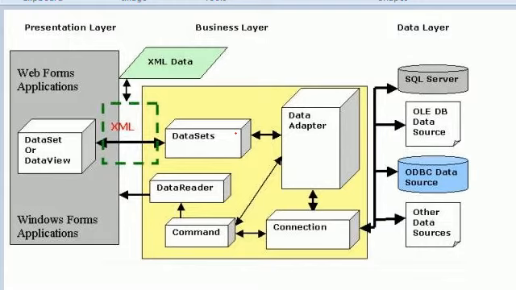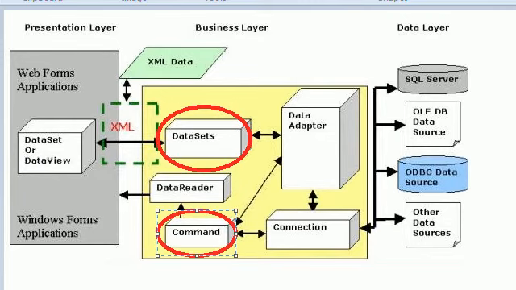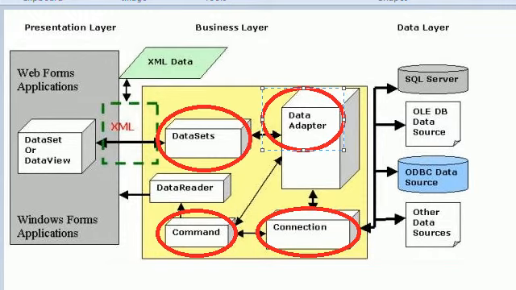So in ADO.NET, we introduce new objects like the dataset, as we can see here. We can see the dataset, the command, the connection, the data adapter, and the data reader. And here we have the data view. Those are the new objects added to ADO.NET.